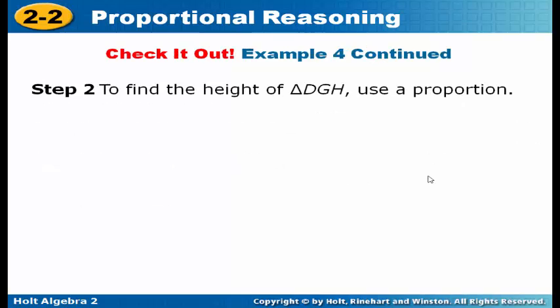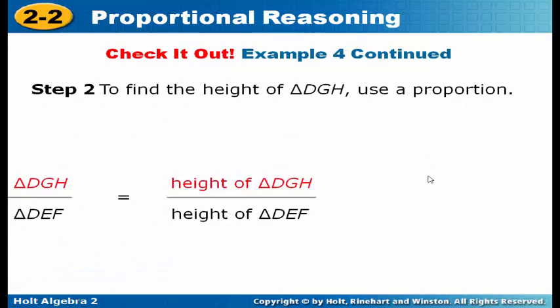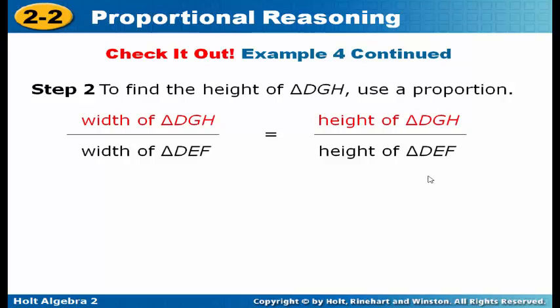To find the height of triangle DGH, use a proportion: width of triangle DGH over width of triangle DEF equals height of triangle DGH over height of triangle DEF. So 3 over 6 equals x, the unknown height of triangle DGH, over 4. So 3 times 4 is 12, and 12 divided by 6 equals 2.